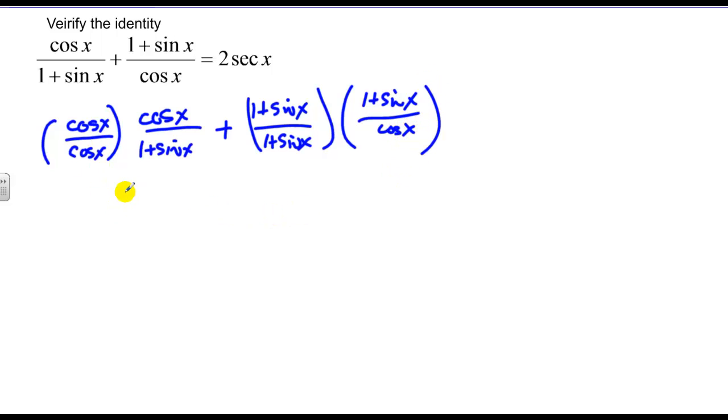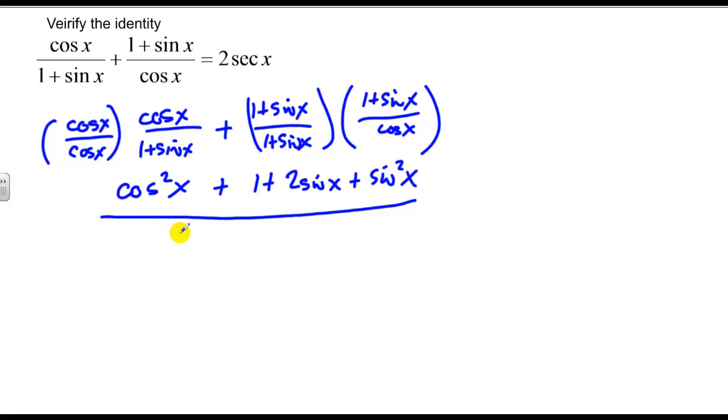So this gives me a cosine squared. This term is going to give me, I'm going to FOIL this out, 1 plus 2 sine of x plus sine squared of x over, this is my common denominator now, cosine of x times 1 plus sine of x.